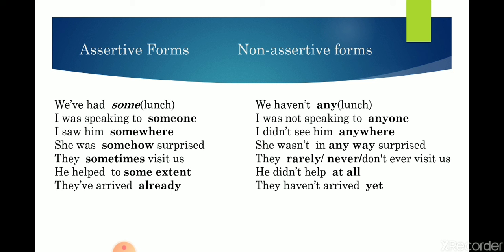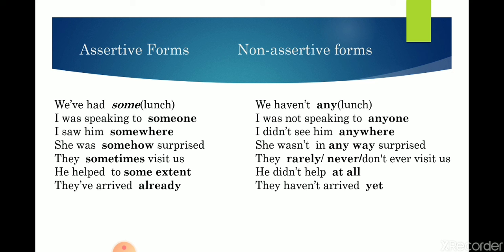The same thing with someone, somewhere, somehow, sometimes, some extent, and already. These are all used with assertive sentences. And on the other hand, we have any, anyone, anywhere, anyway, rarely, never, at all, and yet. These are used with non-assertive sentences, which are negative or interrogative or conditional.